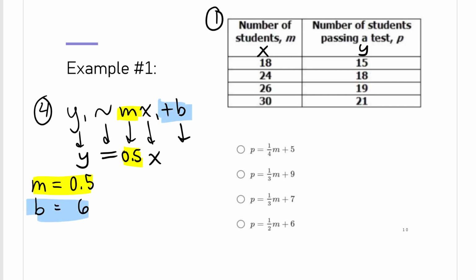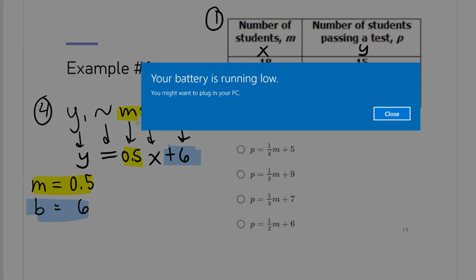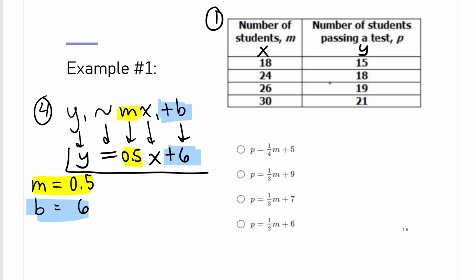B is positive 6. And this is my line of best fit. So, look at my answer and look at the options. There's a problem. So, hay problema con mi respuesta y con las opciones. There is no 0.5. No hay 0.5 en las opciones.